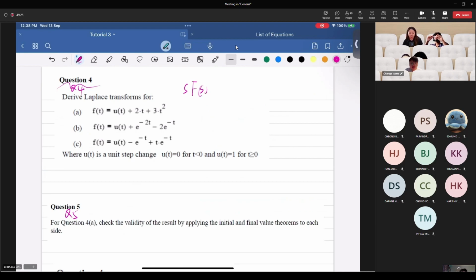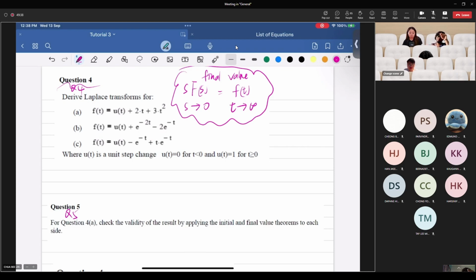Sub s going to 0. So this is just like f(t) when t goes to infinity, the final value, using the final value theorem.